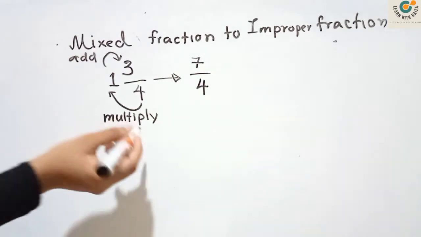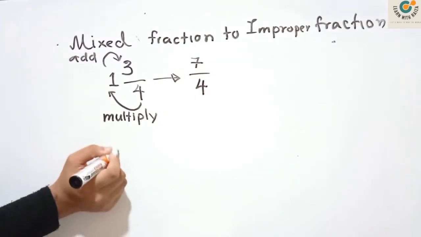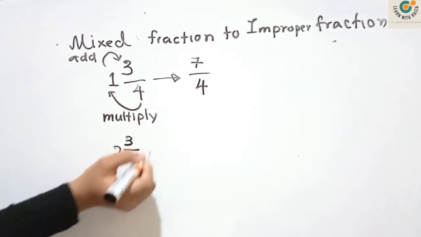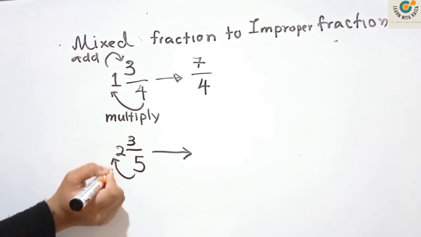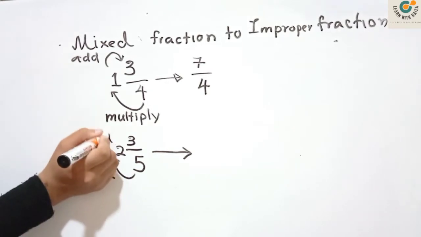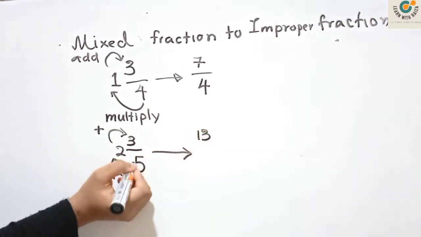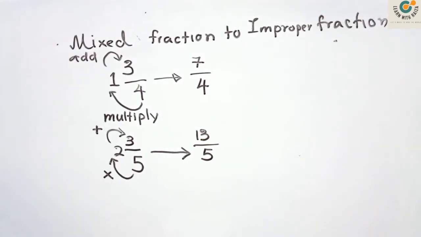So let's do another example. We'll take a mixed fraction like 2 3 over 5, and convert it to an improper fraction. 5 multiplied by 2 is 10. 10 plus 3 gives 13. So 13 over 5 is the improper fraction.